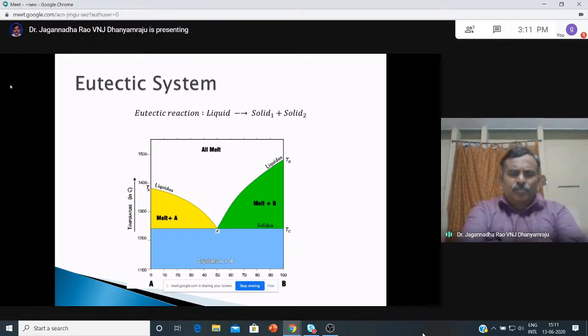Now let us see a eutectic reaction. A eutectic reaction is one in which a liquid separates into two solids, solid 1 and solid 2.